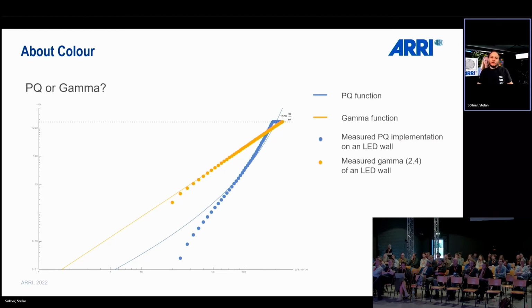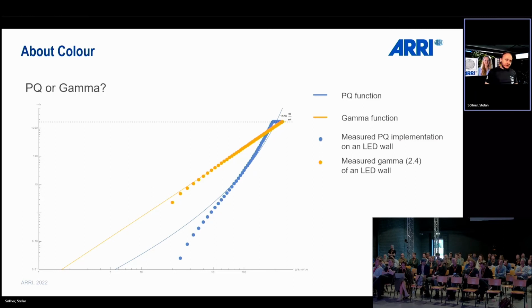And I also think that not all LED processors show that rather erratic behavior on the top level. And on the low level, what it definitely will do is push more values of your brightness scale to lower levels. And we have seen before, lower levels are those levels where LED walls don't perform so well.